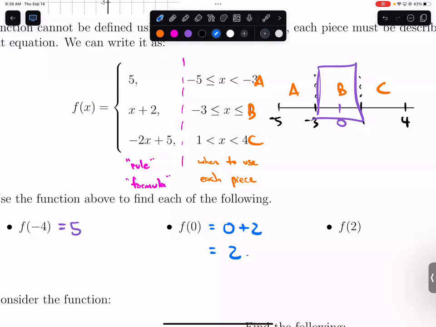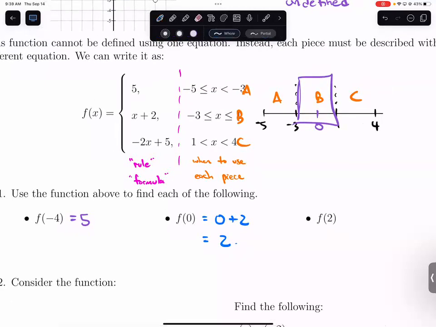Okay, and then what's f of 2? Where is 2? In between 1 and 4, right? For the purposes of the moment, the thing I care about is the 2 is between 1 and 4.